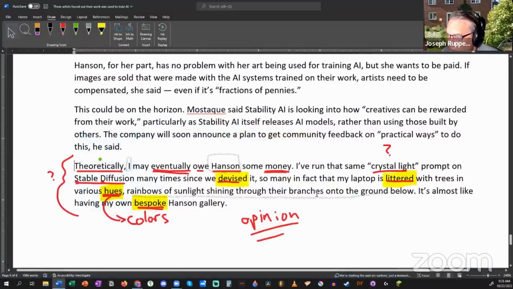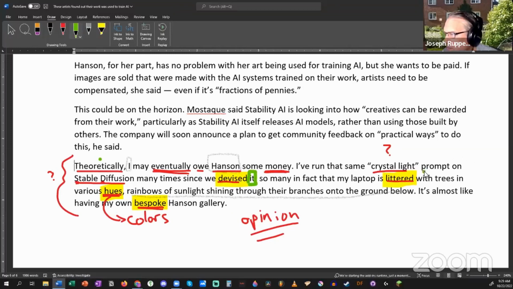In our article, let's see, I've run that same crystal light prompt on Stable Diffusion many times since we devised it. What is the it referring to here? Devised what? Is it prompt? Must be prompt. And what is prompt?